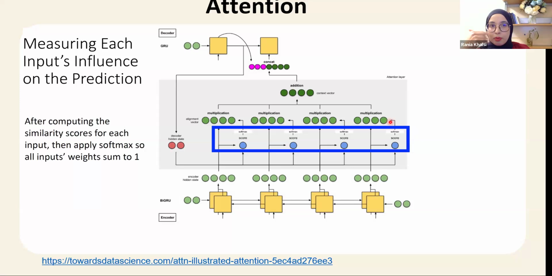The higher the probability value, the more important the score is.